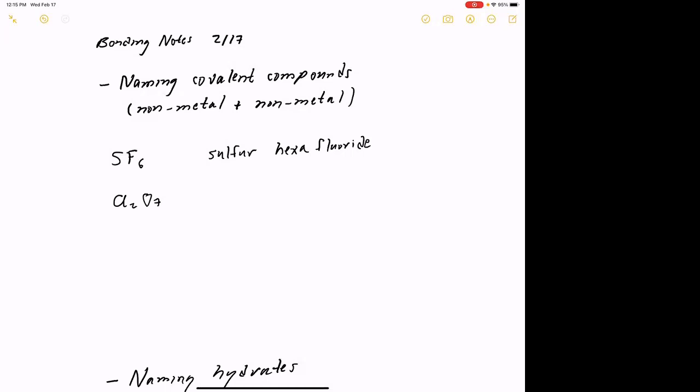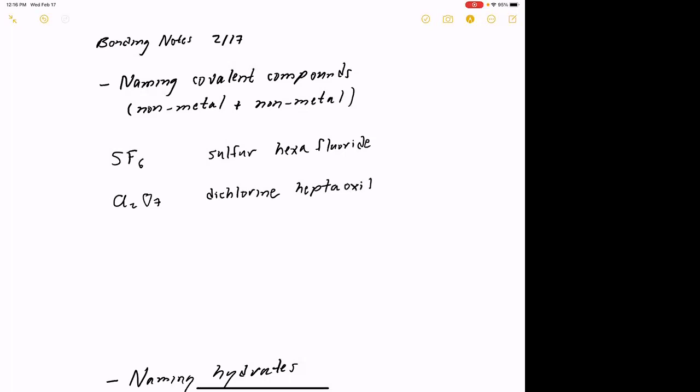So I'm going to call this dichlorine because we always name the first element just as the element. Oh, and then I've got 7 oxygens. Anybody remember what the funny prefix for 7 is? That's one you don't use all that much. Hepta. Hepta, you got it. And then we add the oxide to it.